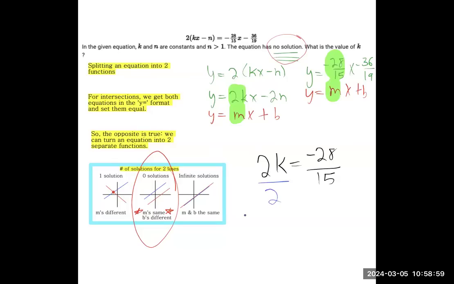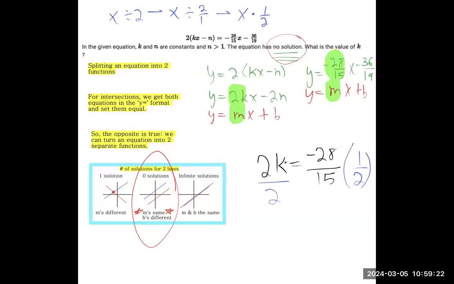We can divide by 2 here. Now, by the way, dividing by 2 is the same as multiplying by 1/2. Just to illustrate that, if I had x divided by 2, that's the same as x divided by 2 over 1, because any number is itself over 1, and that's the same as x times 1 over 2.